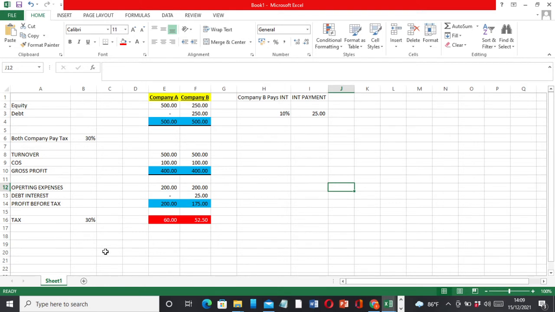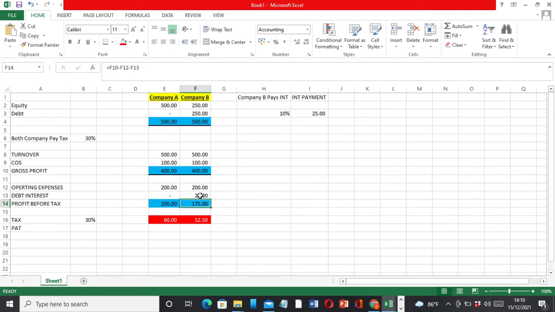Let me also get the profit after tax, right? As you can see, company A pays a tax of 60 million, whereas company B pays a tax of 52.50. This is the tax savings for company B. Because company B pays interest on its borrowed money, your profit is legally reduced by 25 million.